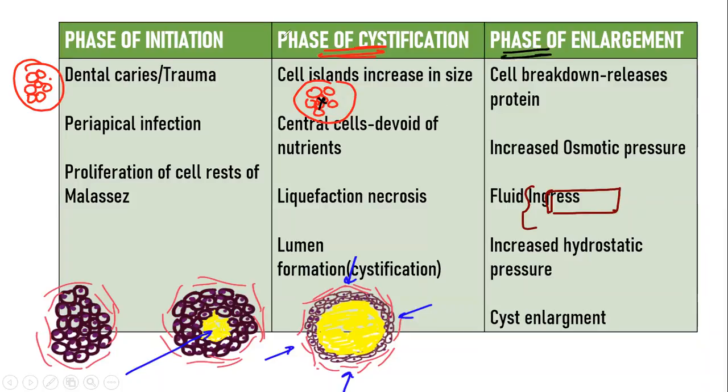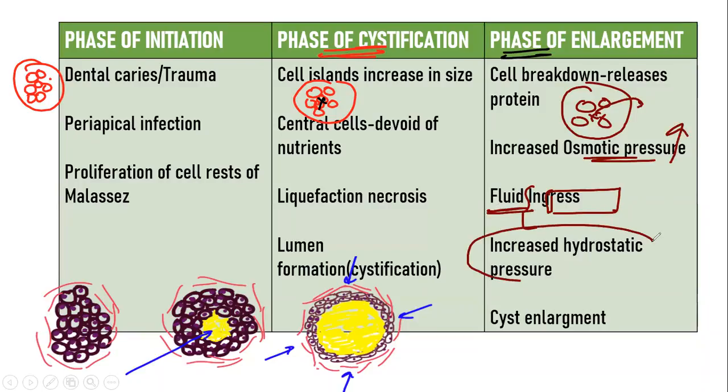In the phase of enlargement, the central cells that have broken down release proteins that cause an increase in osmotic pressure, causing a fluid ingress and an increased hydrostatic pressure causing cyst enlargement. So island of cells, central cells not getting nutrition, so liquefaction necrosis, further enlargement by increased osmotic pressure and increased hydrostatic pressure.